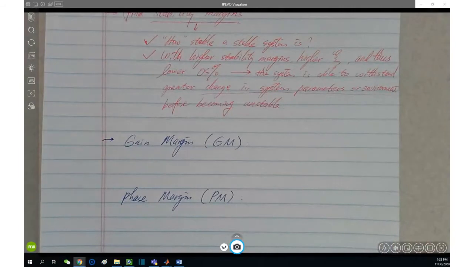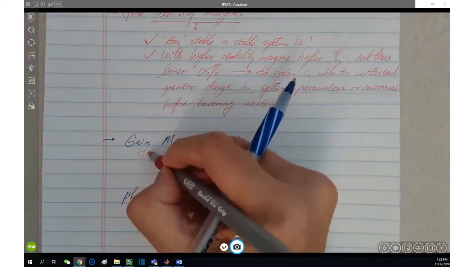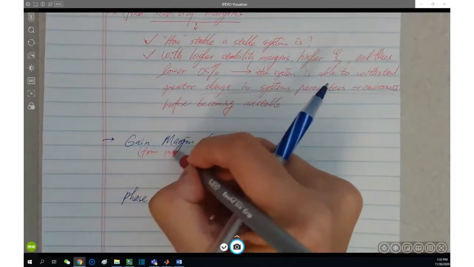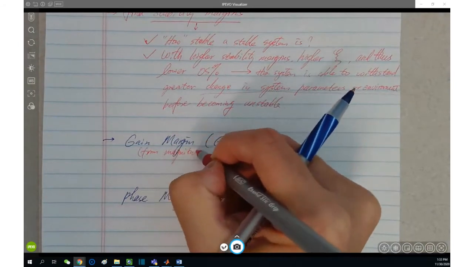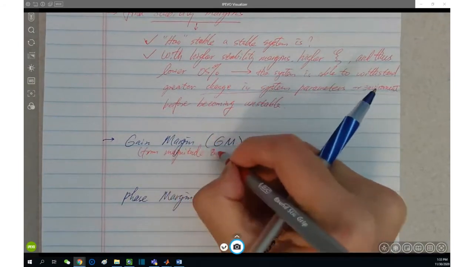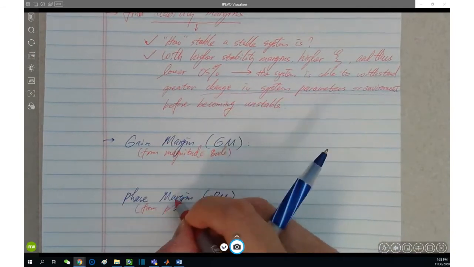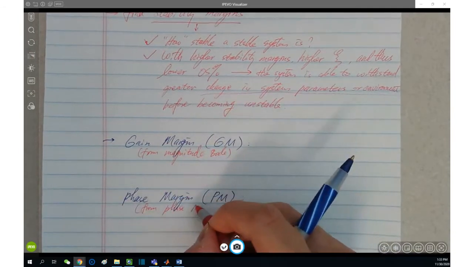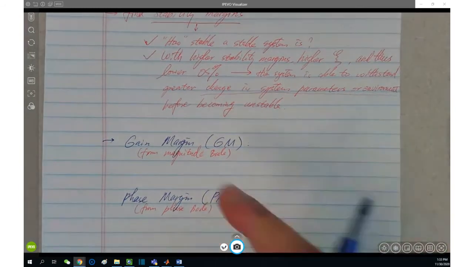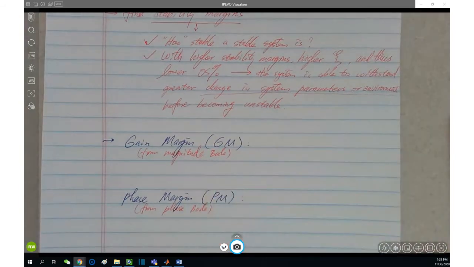Because one is from the magnitude Bode plot and the other is from the phase Bode plot. Remember, we have two: one is magnitude and the other phase. From the magnitude Bode plot, we can find the gain margin, GM. From the phase Bode plot, we can find the PM. Just as simple as that.